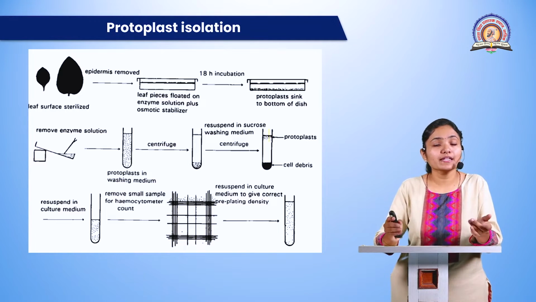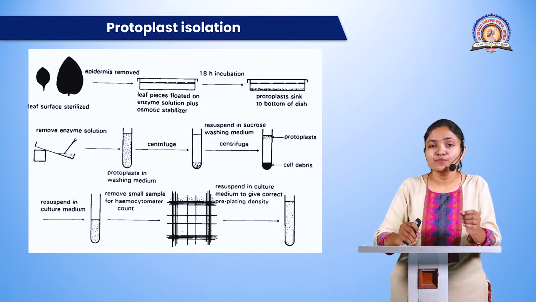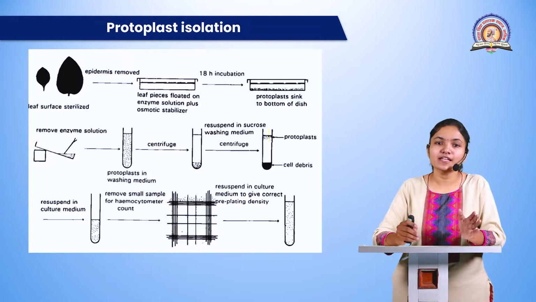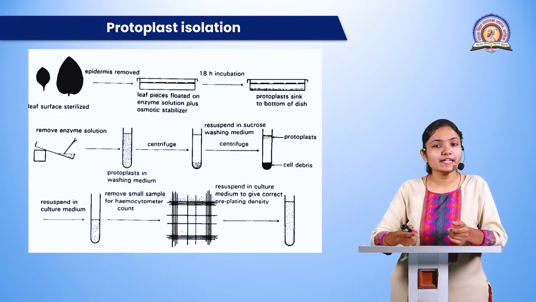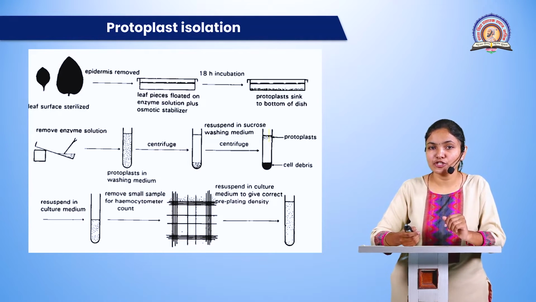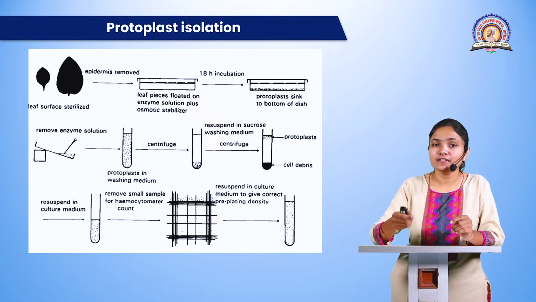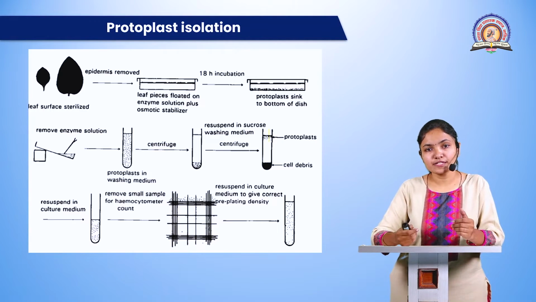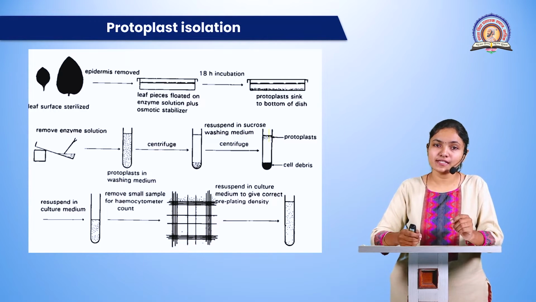So simply you can imagine a plant tissue which is treated with the pectinase enzyme. After the treatment, individual cells will separate themselves from the tissue. And later on, the second enzyme that we will use here is the cellulase enzyme, which will digest the cell wall of each single cell present in the suspension.